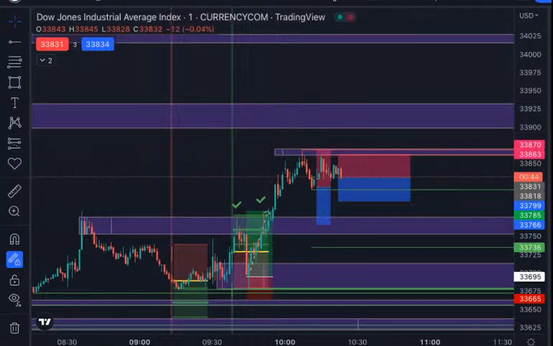Alright. We need the break of that lower level. Price is overextended. It has to retrace. Unless it just has so much momentum to the upside that it just keeps breaking. And it will have to break above those levels.